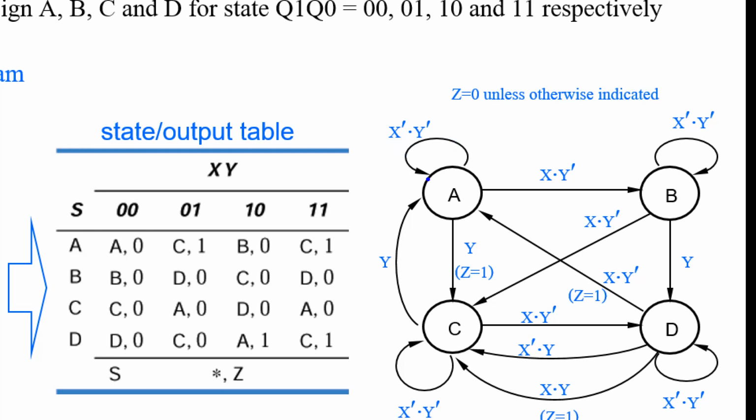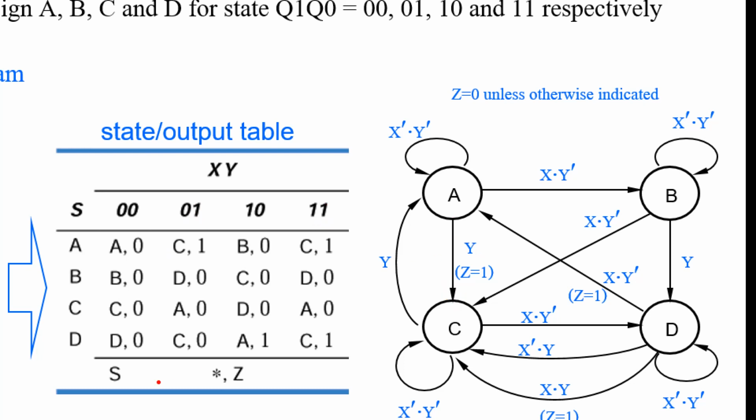For example, state A will go to A when input xy is 0, 0, so you write x prime, y prime right here. And A goes to C when xy is 0, 1 or 1, 1. That means just y is 1, so you can write A to C with the condition y, and so on.